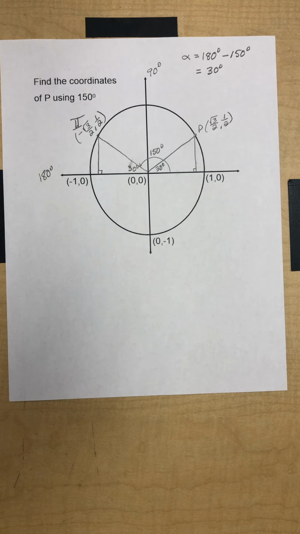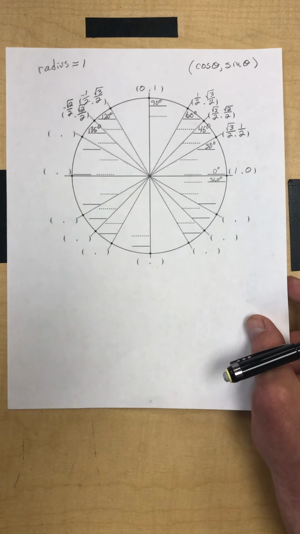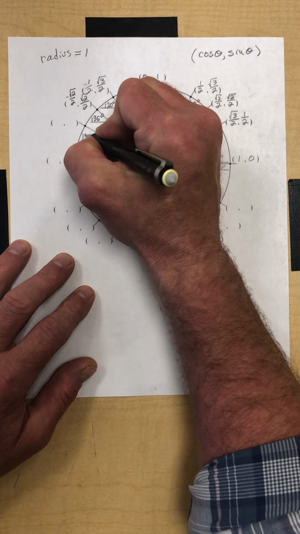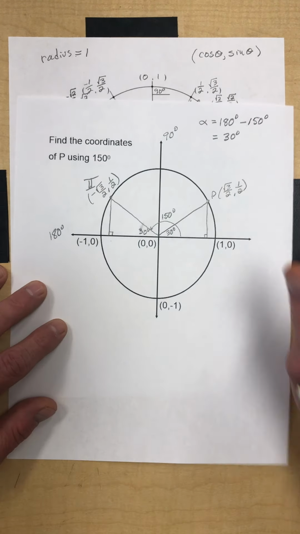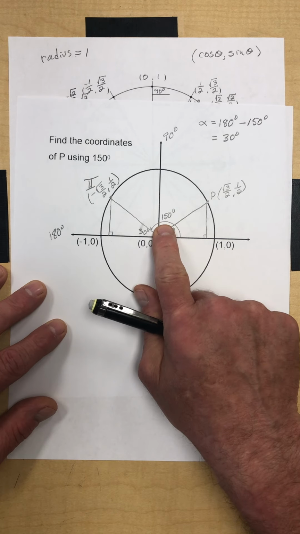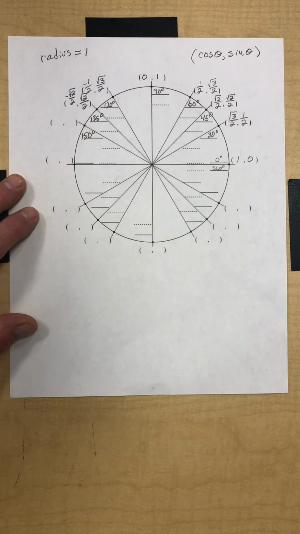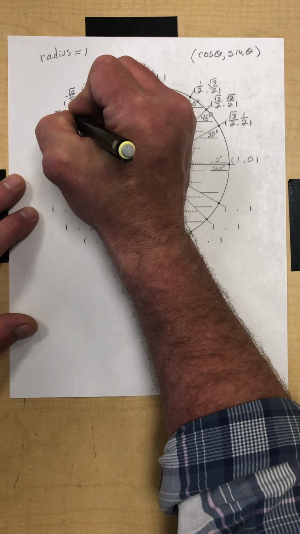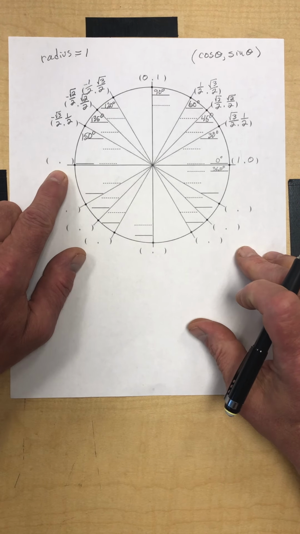Okay, and we have our last important angle of rotation in quadrant 2, that's 150 degrees. That's what we're working on here, 150 degrees, and that has coordinates negative radical 3 over 2 and 1/2.